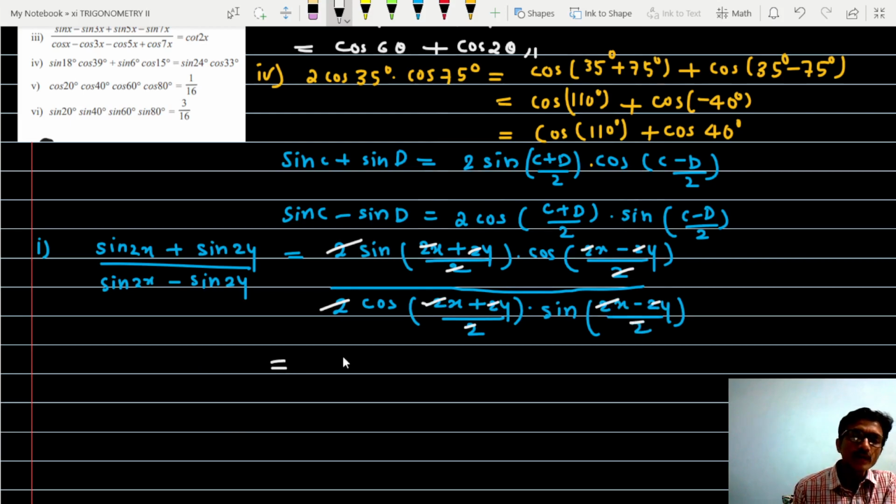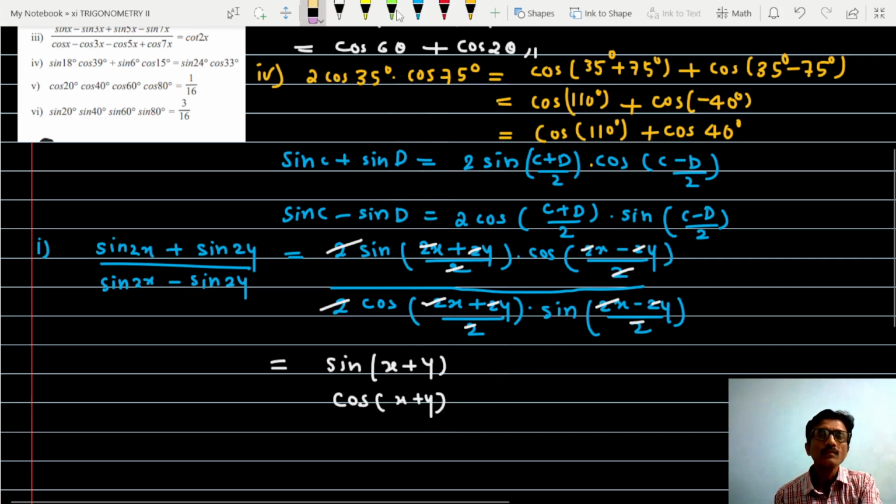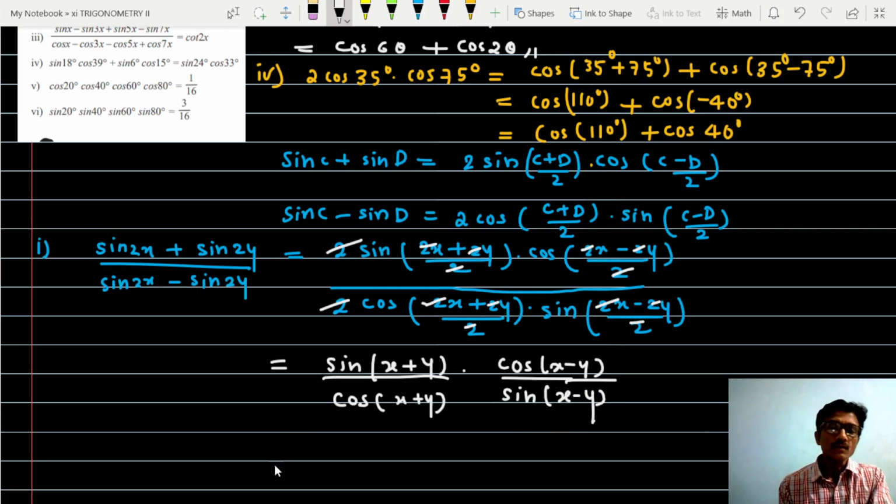So therefore we will get here sine of x plus y upon cos of x plus y, and into here cos of x minus y upon sine of x minus y.